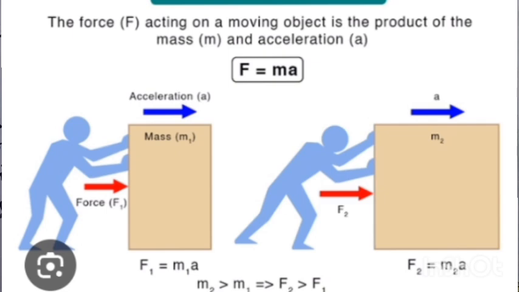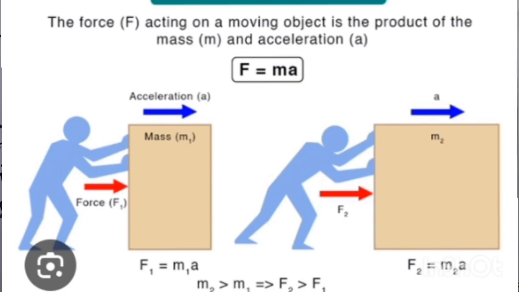But you look at this second man now, the mass pushed is greater than the first man. It means M2 is greater than M1. It implies that the force of the second man, F2, will be greater than F1. And compare the acceleration.